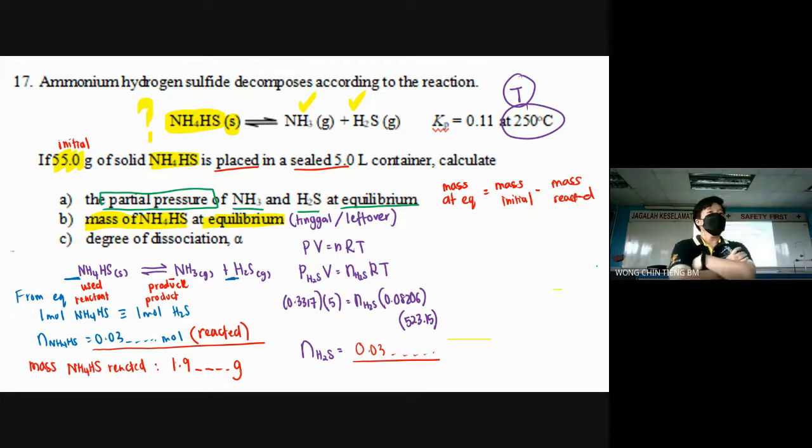Right? So if that is the mass that reacted, I don't want the one that reacted. The question asks for the equilibrium. So to find the equilibrium, we take the initial given from the beginning, 55 grams, minus the mass reacted, 1.9 something. You will then get the mass at equilibrium. Right? Any questions so far?